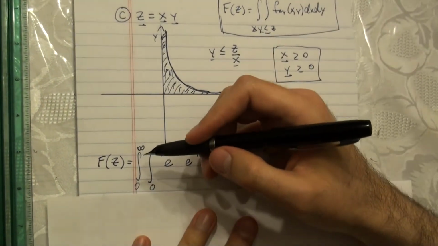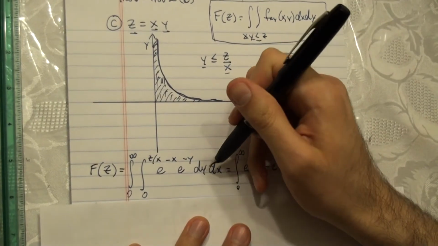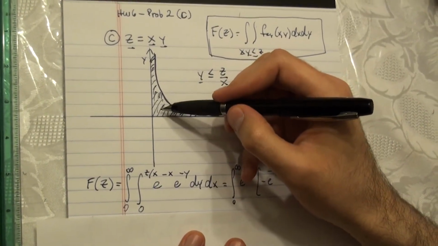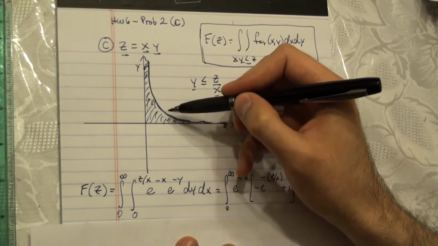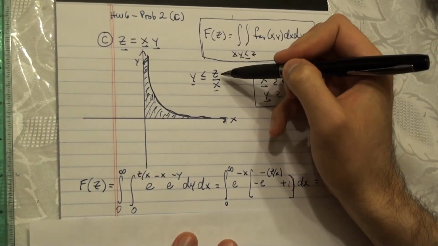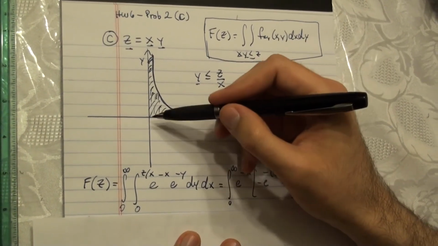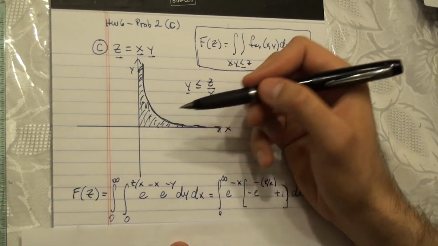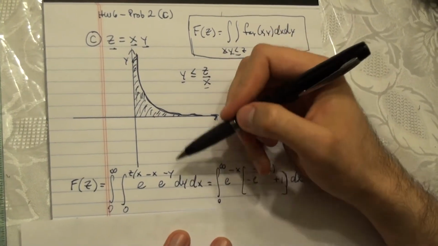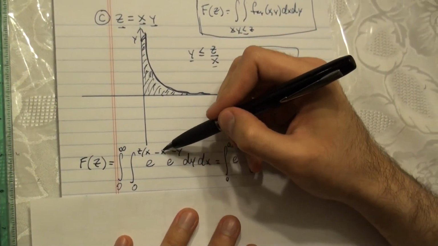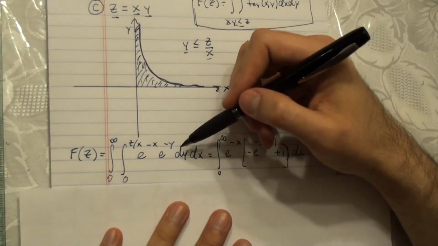So big F of z, I'm going to integrate with respect to y first. So the limits are y goes from 0 to z over x. So that's the first two limits. And then dx goes from 0 to infinity. So I have here the little f of xy, e to the minus x times e to the minus y.